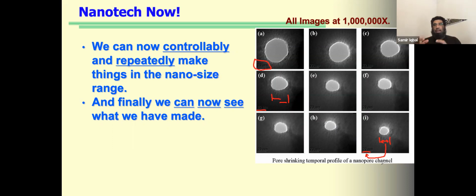Not just can we create them, but we can characterize them as well, which means we can measure their properties, we can see them, right? We can actually see their dimensions. We can maybe see their conductivity. Now, conductivity, talking about very small currents, picoamps, femtoamps that would flow through them.